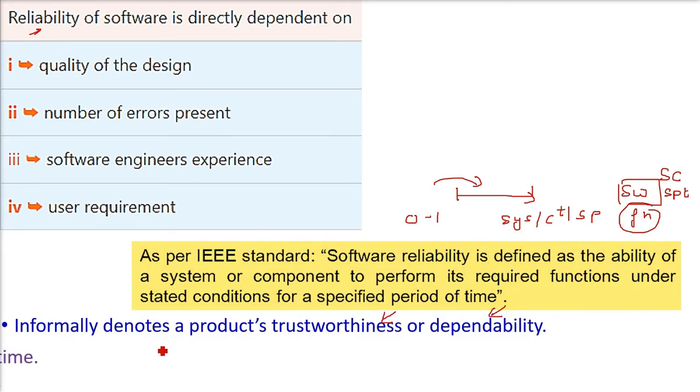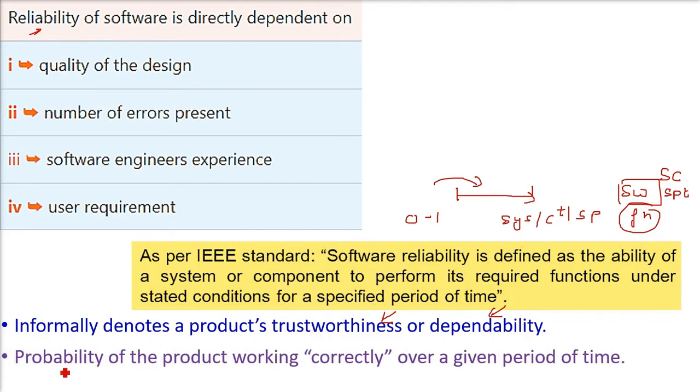Or you can also say that reliability is the probability of the software product working correctly over a given period of time. So reliability is the probability of a product performing all the functions correctly for a given period of time under stated conditions. So from all these discussions, the answer is 2, number of errors present.